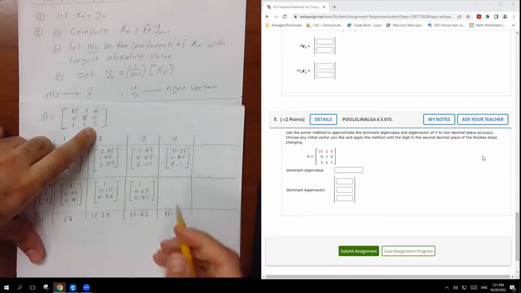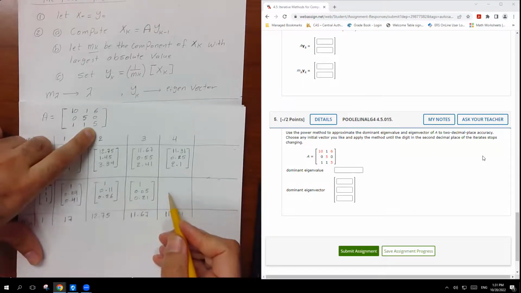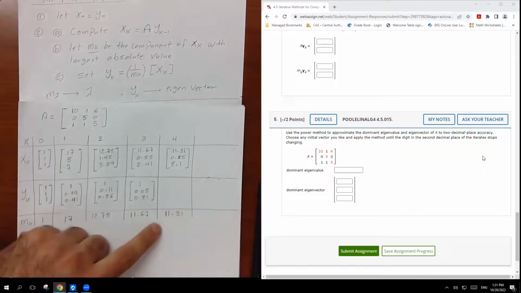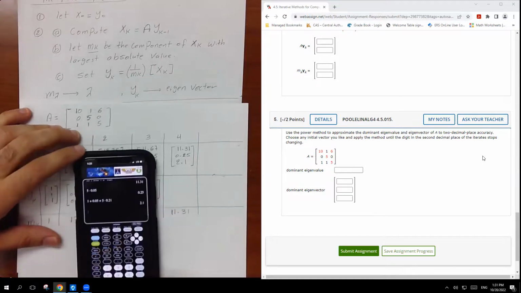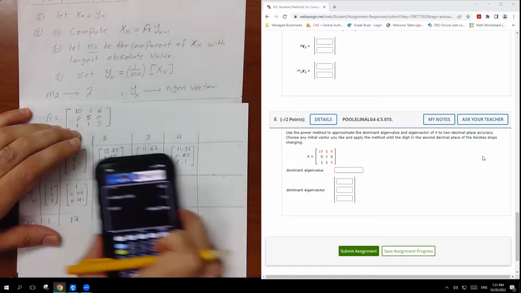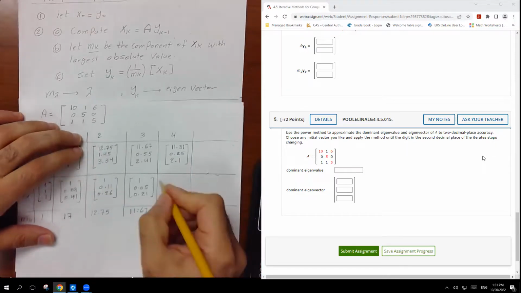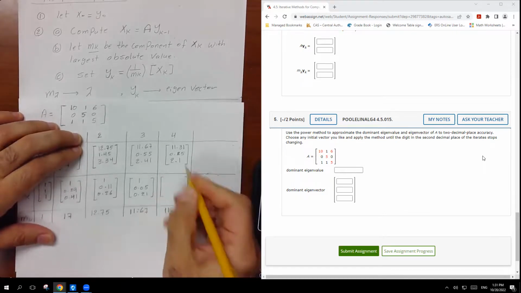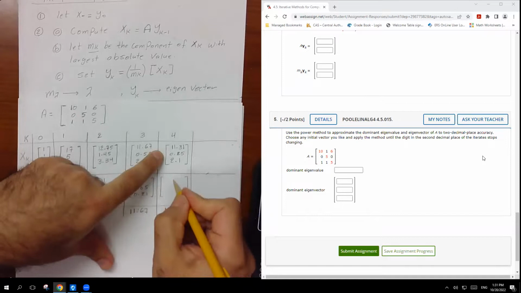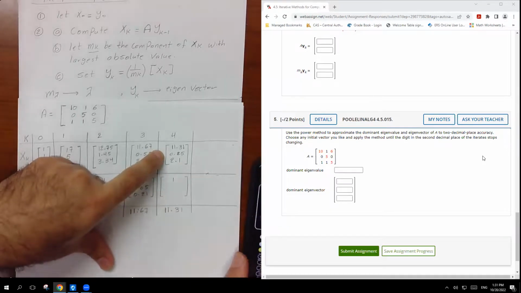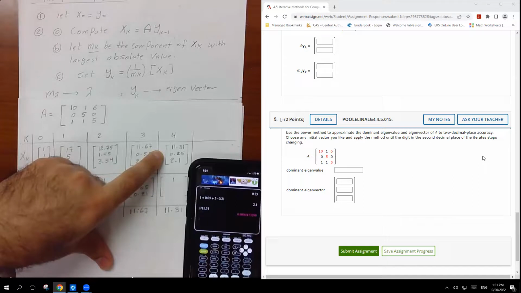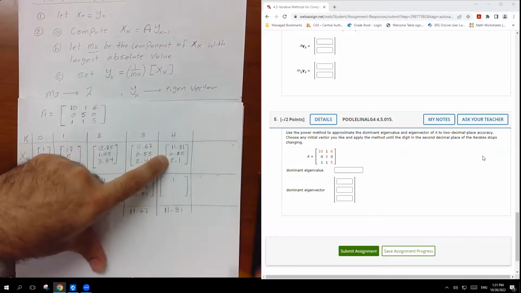Then we're going to find y sub 4, which is 1 over 11.31. So 1 divided by 11.31 is going to be this number. And we're going to multiply this number by x4. Multiplying by the first number gives 1. Multiplying this number by 0.25 gives 0.02.